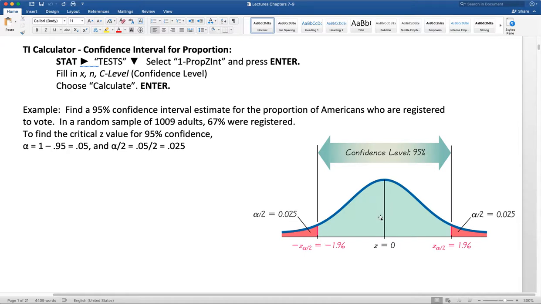Why do we have to use the standard normal distribution? Because this is related to the central limit theorem.